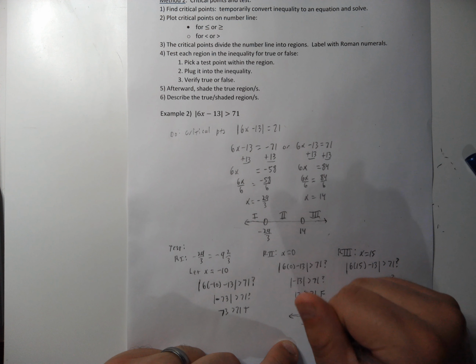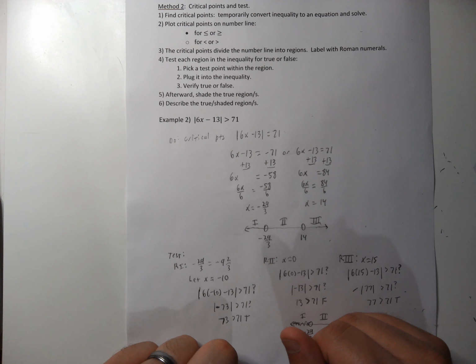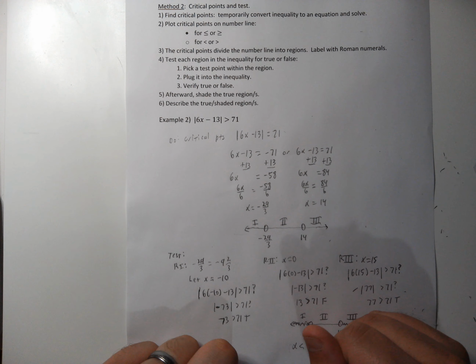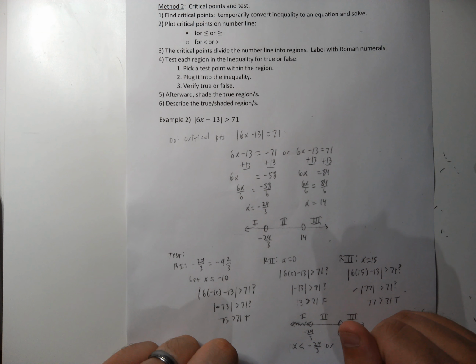So this would be described in traditional notation. This would be negative infinity to negative 29 thirds. Oh, that's interval notation. I got ahead of myself. In traditional notation, this would be x is less than negative 29 thirds, or x is greater than 14.